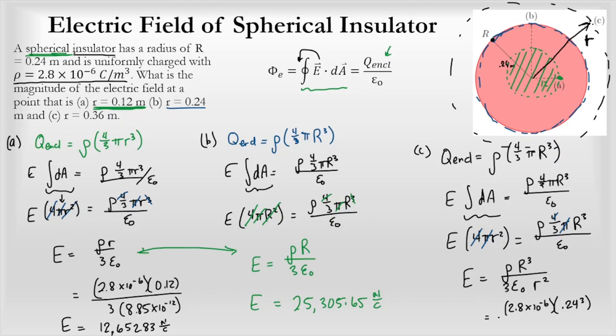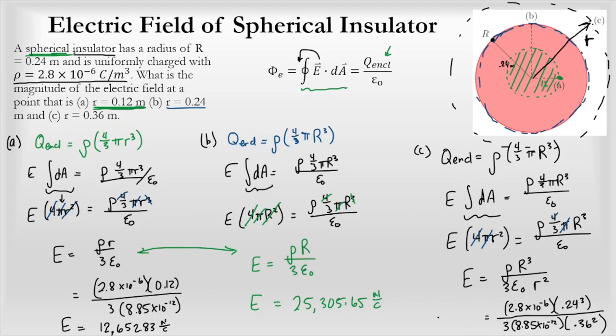That's the outer surface of the charged sphere. Divided by 3 epsilon naught, 8.85 times 10 to the negative 12th. And then my r squared is to the point that I'm looking at, the little r. So that's 0.36 squared. Okay.